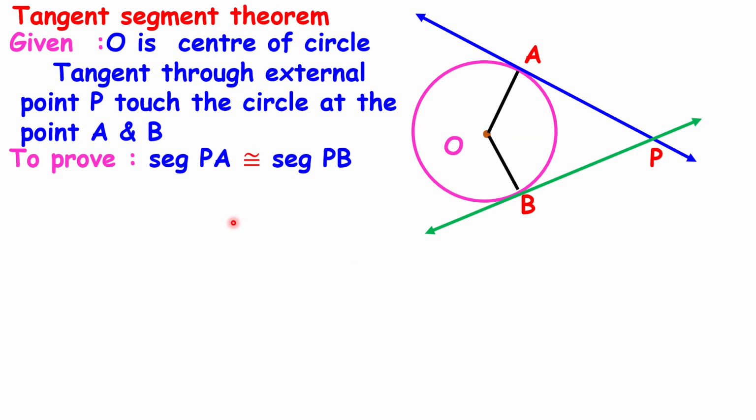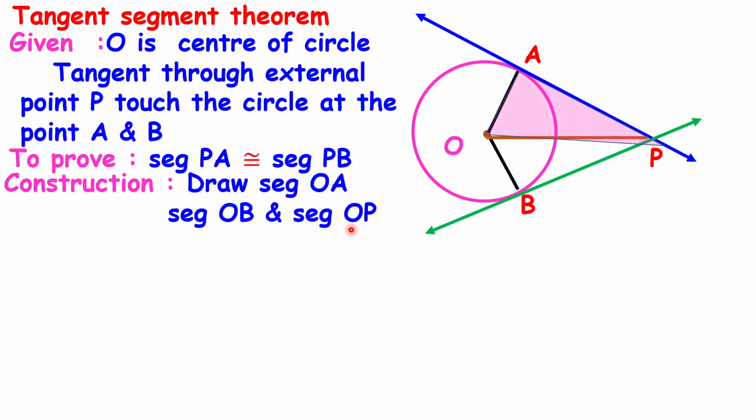Which is the construction? इथे लक्षात घ्या, आपल्याला हे सेगमेंट PA आणि सेगमेंट PB कधी कॉन्ग्रुएंट येणार आहेत? तर PA बाजू असलेले ट्रायंगल आणि PB बाजू असलेले ट्रायंगल तुम्हाला काय करायचंय? कॉन्ग्रुएंट दाखवायचे. पण ट्रायंगल दिसते का इथे? नाहीये. मग ट्रायंगल तयार करण्यासाठी आपल्याला कन्स्ट्रक्शन करायला पाहिजे. काय करायला पाहिजे? Draw segment OA, segment OB, also segment OP in the triangle OAP.